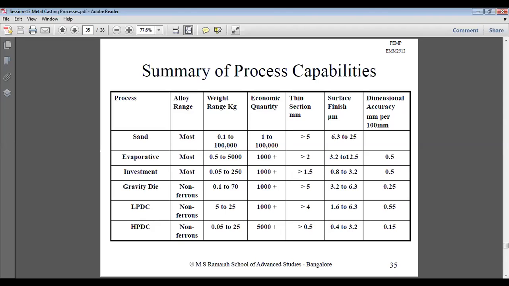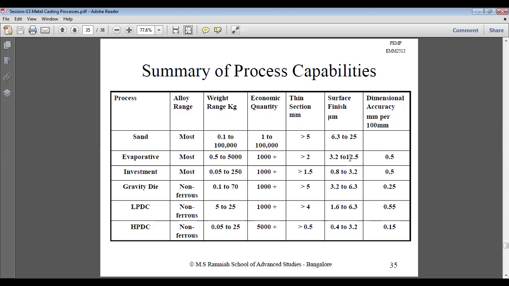And thin section, you can see the section of walls is greater than 5, and surface finish is given in microns, 6.3 to 25 microns. And dimensional accuracy is a question mark on sand casting. So dimensional accuracy is definitely not good in sand casting. But if we don't need good dimensional accuracy, we can choose sand casting for any process of any type.